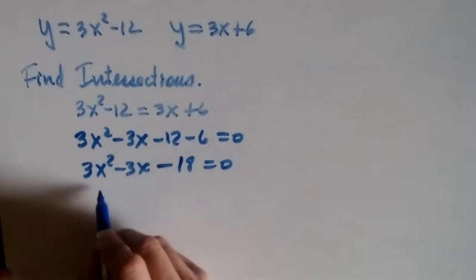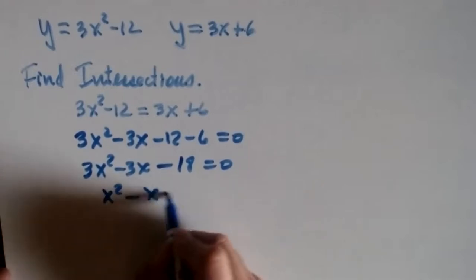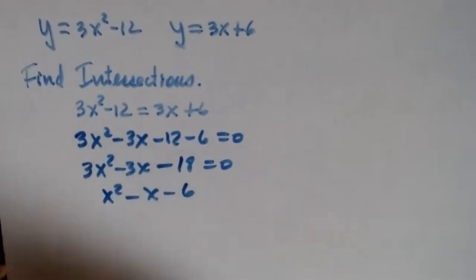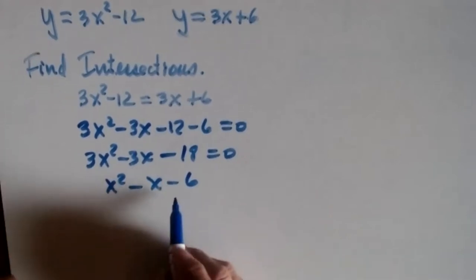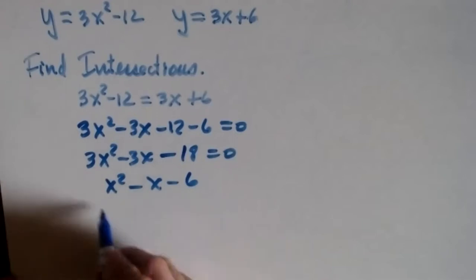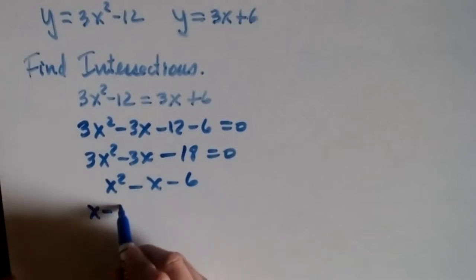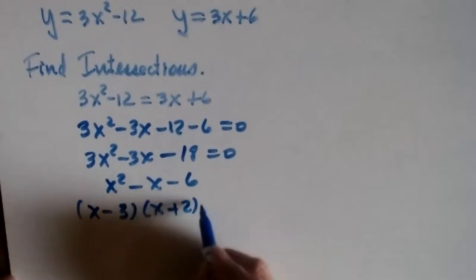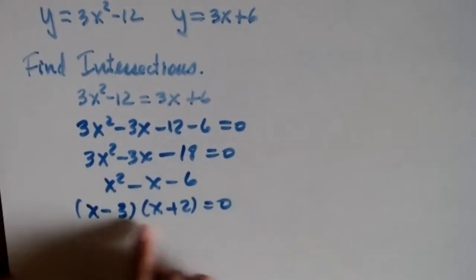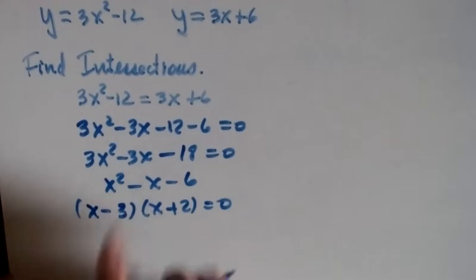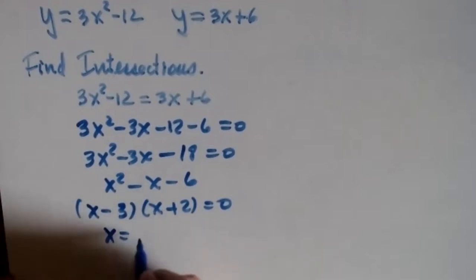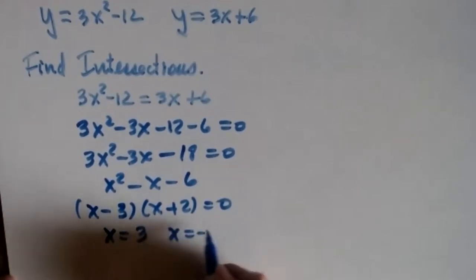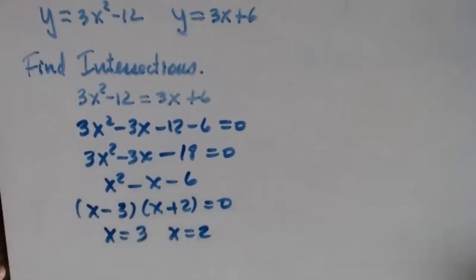You divide everything by 3, is x squared minus x minus 6. And then you solve this quadratic. Two numbers you multiply, you get negative 6, and you add, you get negative 1. So this is x minus 3, x plus 2 equals 0. 3 times 2, negative 6, negative 3 plus 2, negative 1. And then you find the intersections, x equals 3, x equals negative 2, correct?